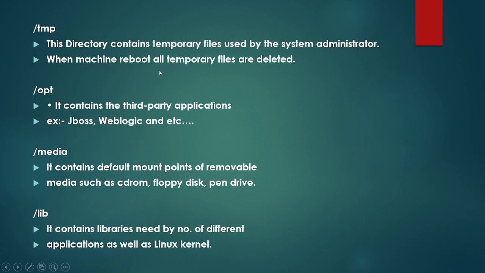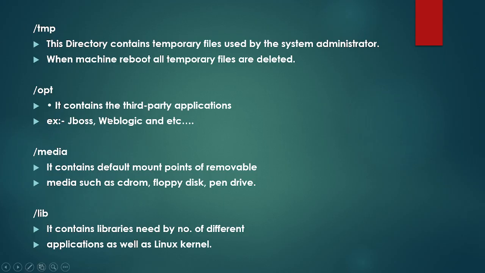When the machine reboots, all temporary files are deleted. So be careful when you copy or move any critical file. Make sure you take a backup of that file to another directory or another file system, because when you reboot the machine, your file will be deleted.